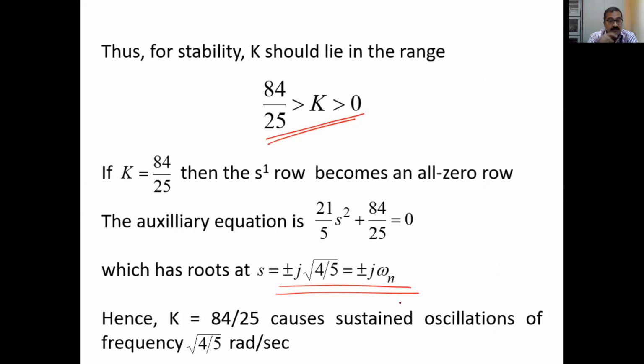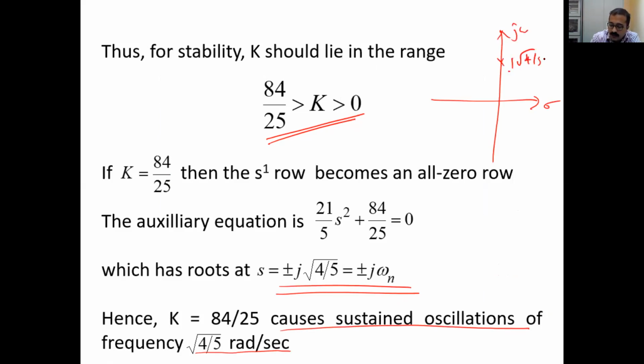Means there will be sustained oscillations. Okay. So what will be the frequency of the sustained oscillation? Root of 4 by 5 radians per second, because two poles are on the imaginary axis at j root 4 by 5 and minus j root 4 by 5.